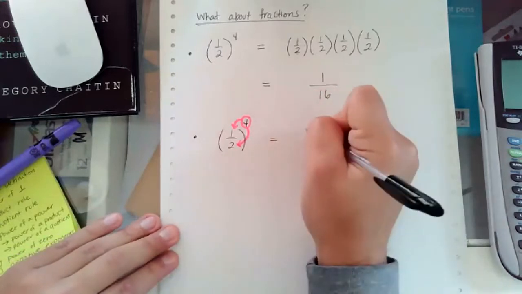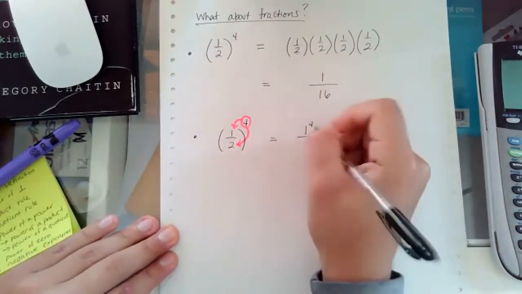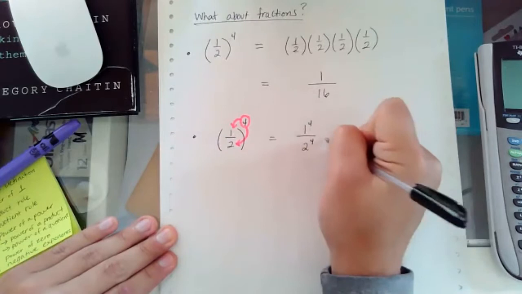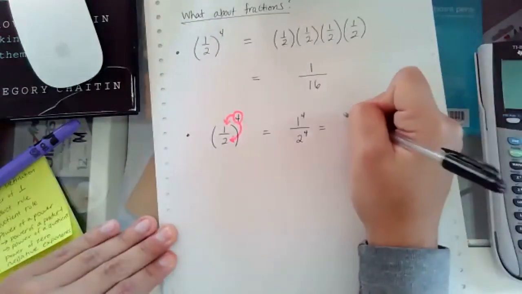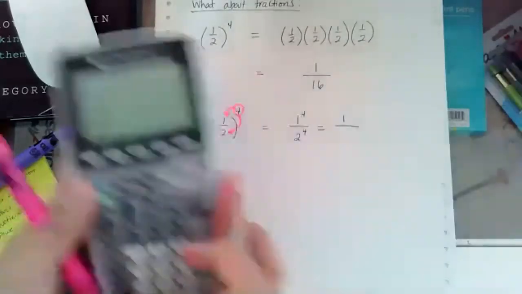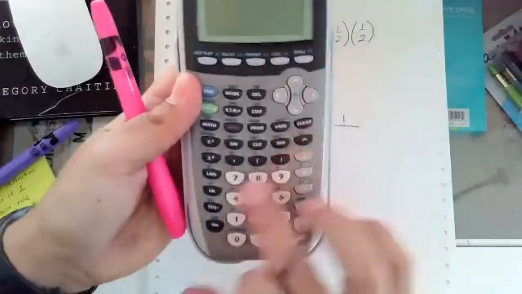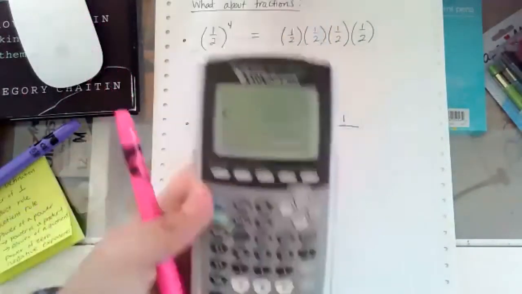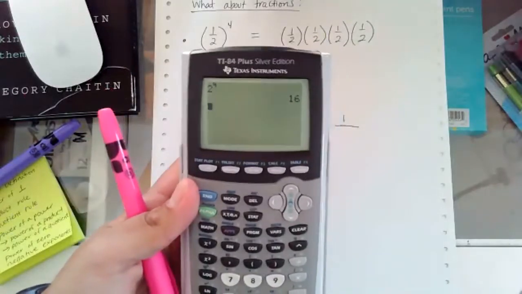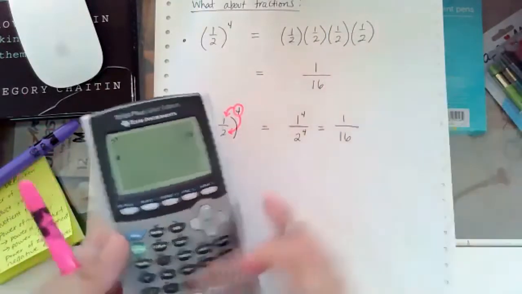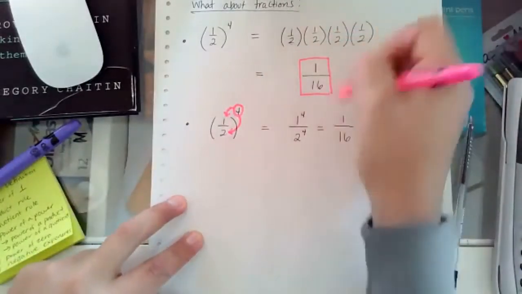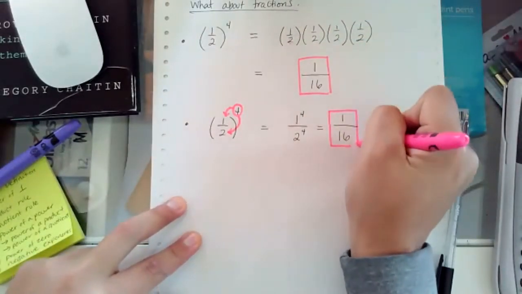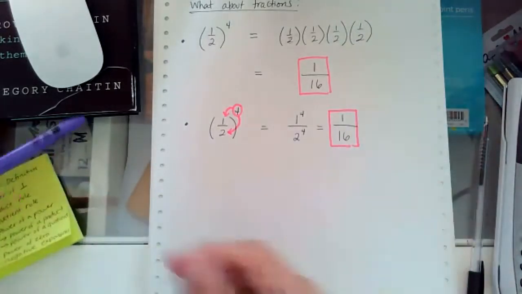So you would get 1 to the 4th over 2 to the 4th, and 1 times 1 times 1 times 1 is still 1, and 2 to the 4th power is 16. So either way you choose to interpret that, you'll get the same answer.